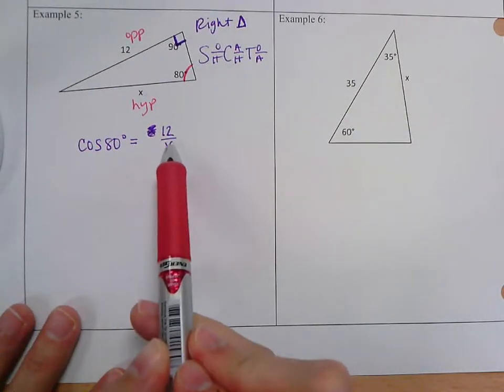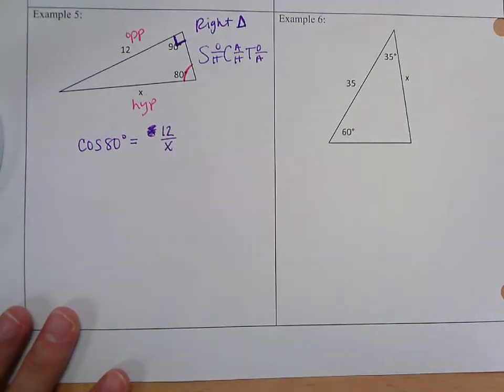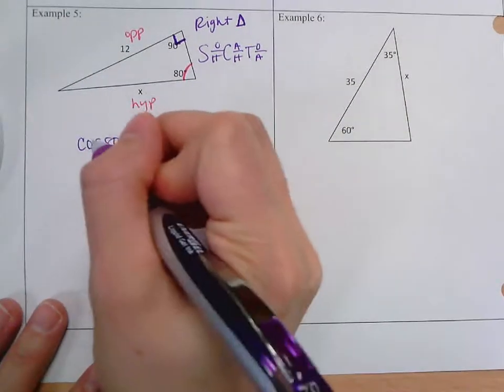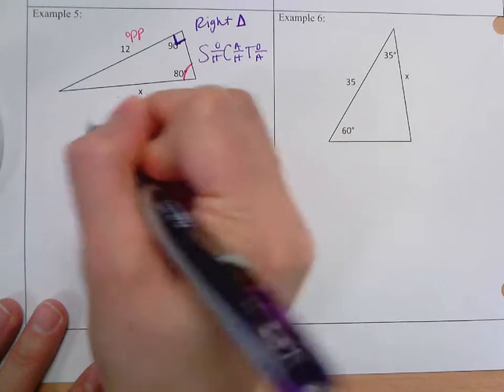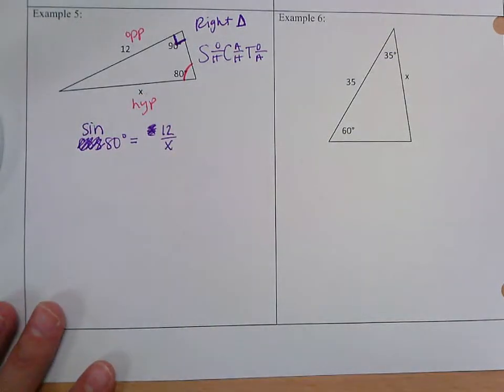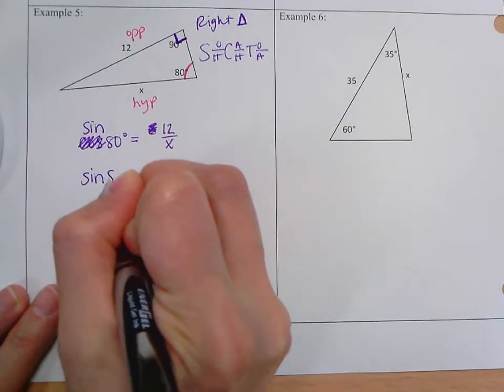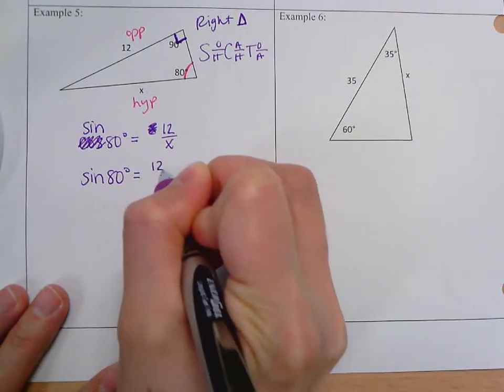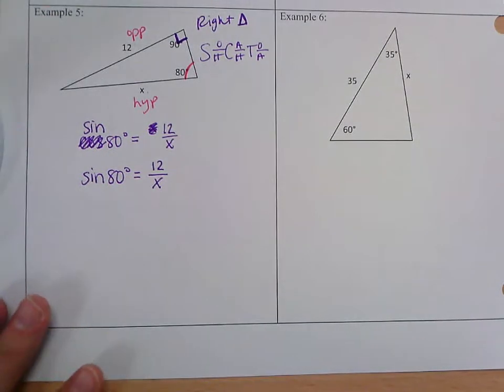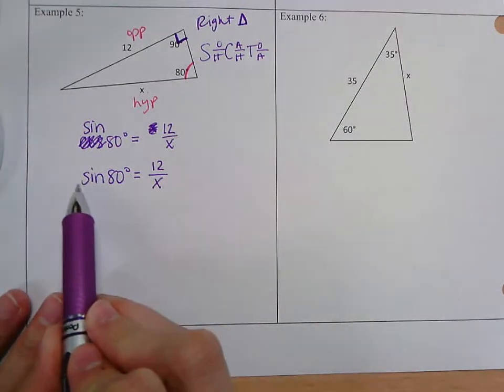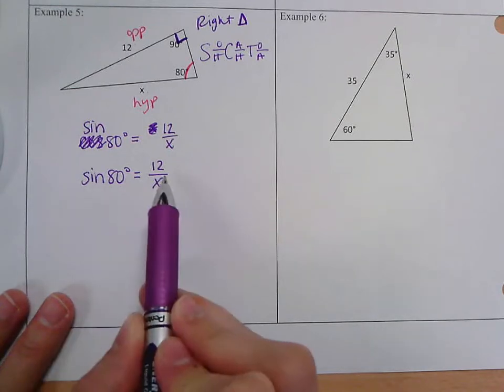So, yep, it should be sine. That's okay. It should be sine. So this should be sine of 80. Not a problem. Sine of 80. So let me rewrite this. Sine of 80 degrees is 12 over x, opposite over hypotenuse. And then you can solve. You do not need law of sines if you have a right triangle. Okay, solving for x.